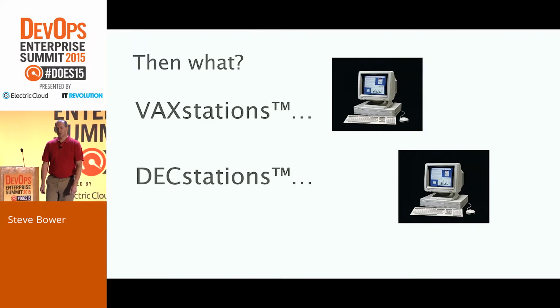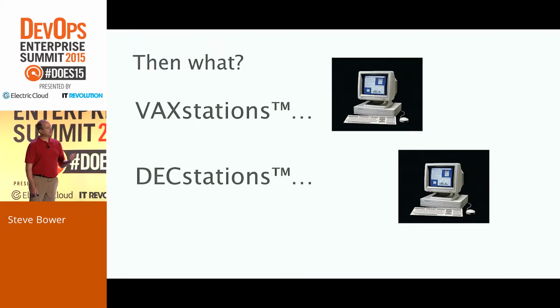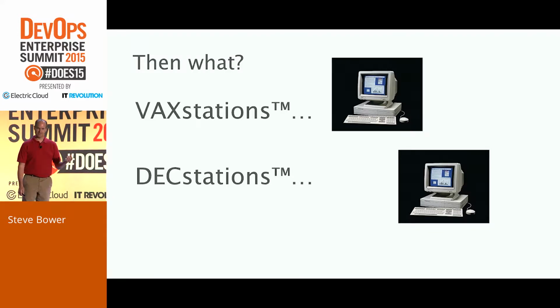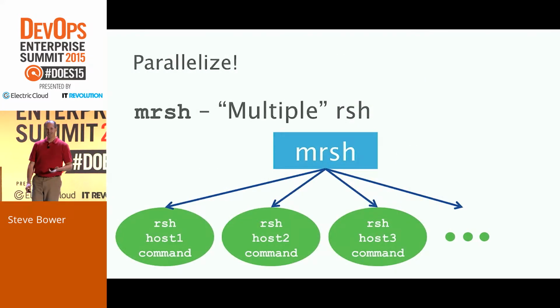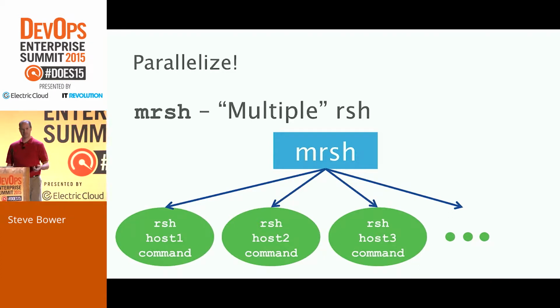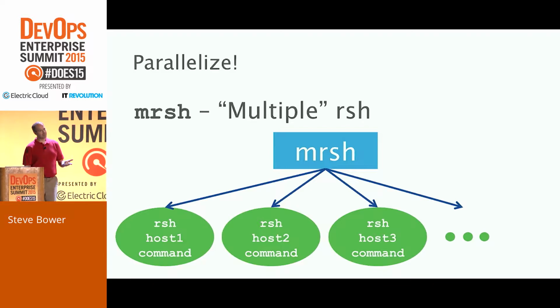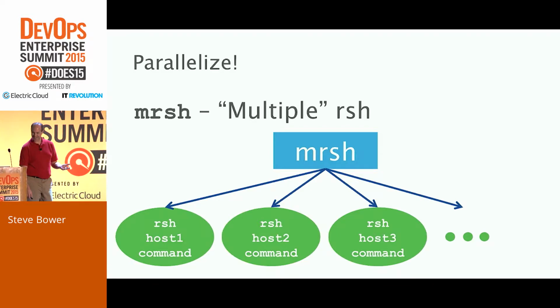So one way that I figured we could make touching these systems, by not touching them, a little bit faster was to parallelize. I wrote a little utility called mRSH for multiple RSH. I think many other people have probably implemented similar things over the years.